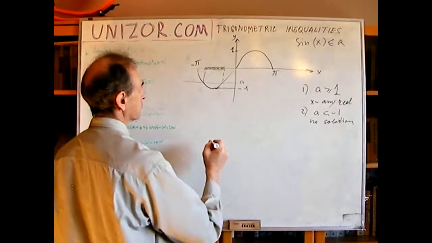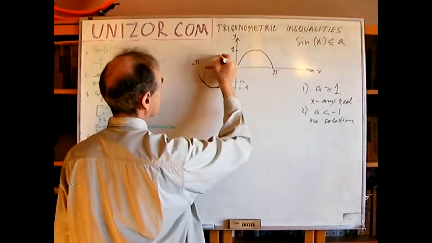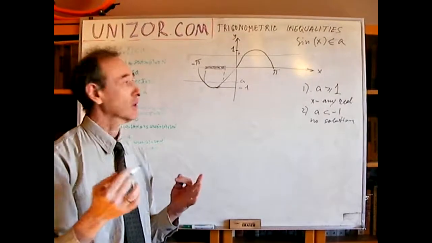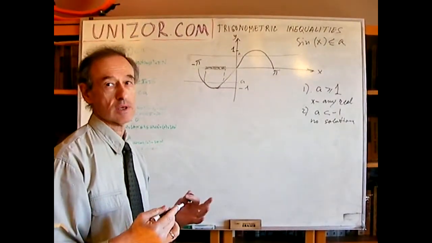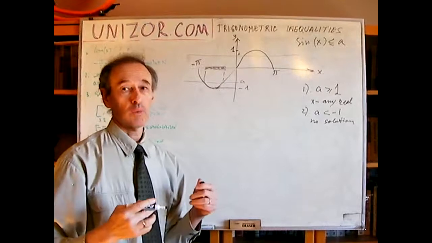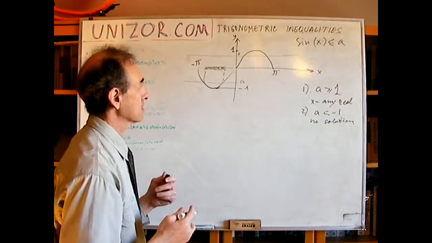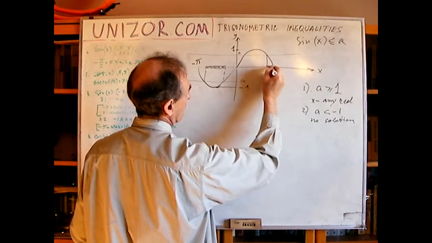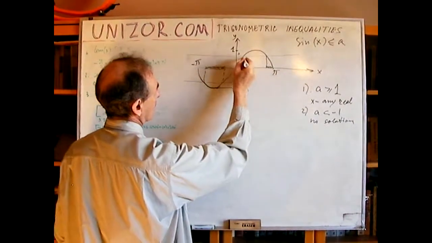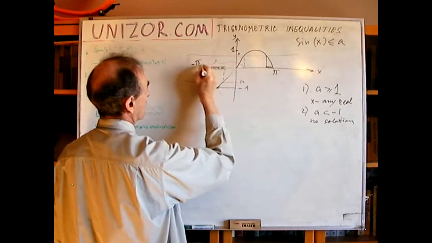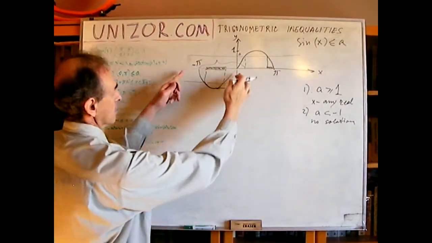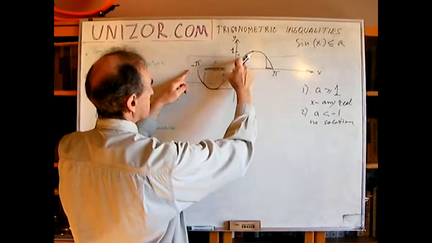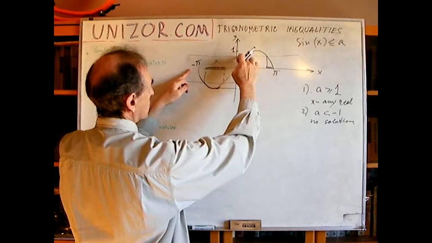Now, if a is here, then I have actually two different areas within the period where my sine is less than a. It's this interval and this interval. The whole period, because from this to this, sine is below this line and above this.